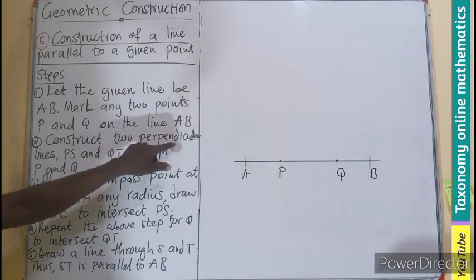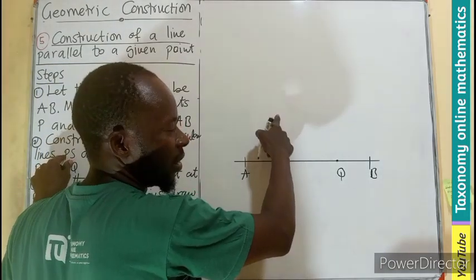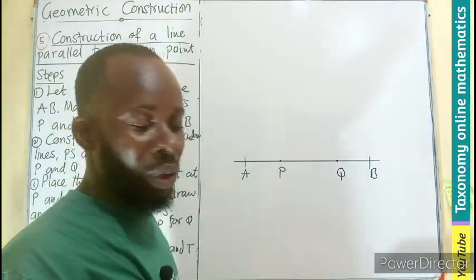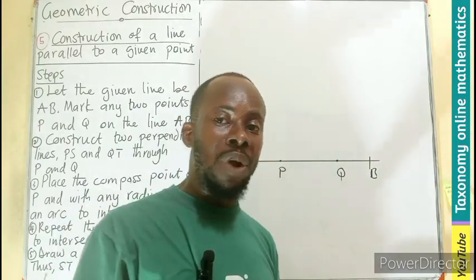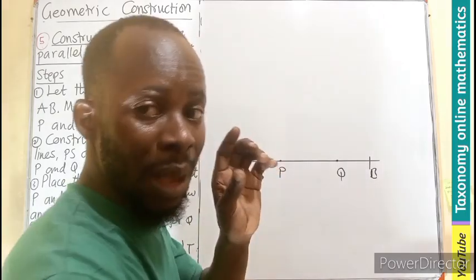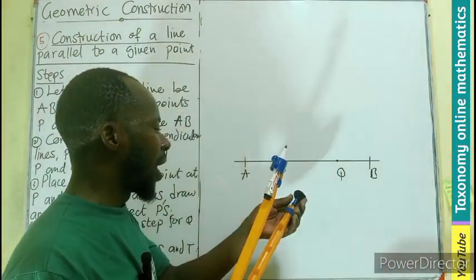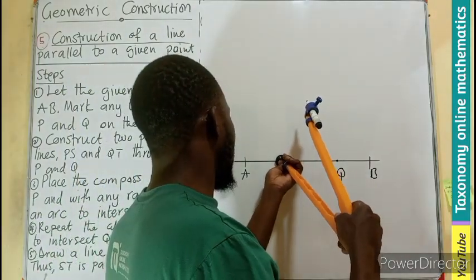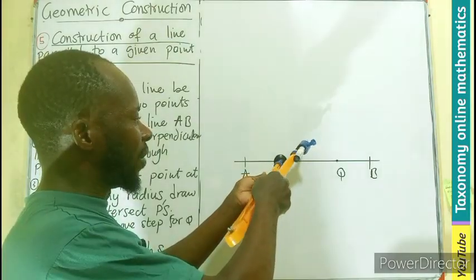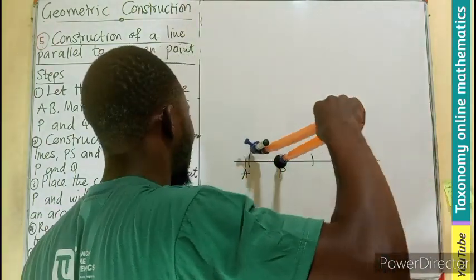Then we construct two perpendicular lines, PS and QT. Don't forget, in the previous episode, we learned how to construct a perpendicular line through a point on the line. So the same procedure that we follow in constructing that: I am going to first of all stand at the point that I have here, open a reasonable radius, and make an arc on each side.